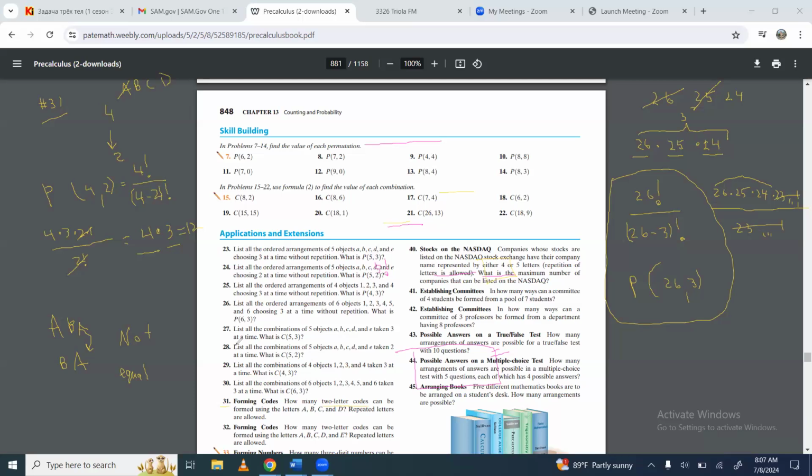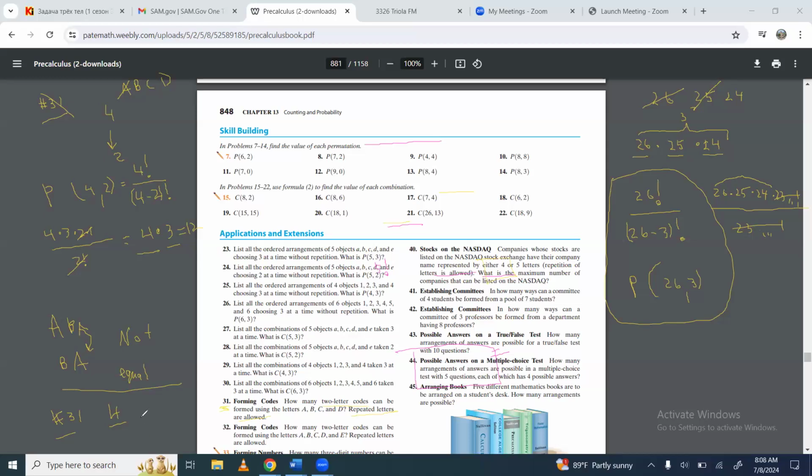But that's not what exercise 31 says. 31 is a little different. It says repeated letters are allowed. So 31 is saying you can repeat letters. So what was the difference? For the first position, you have 4 choices, any of these letters.